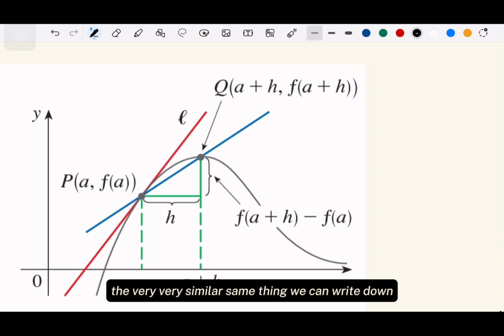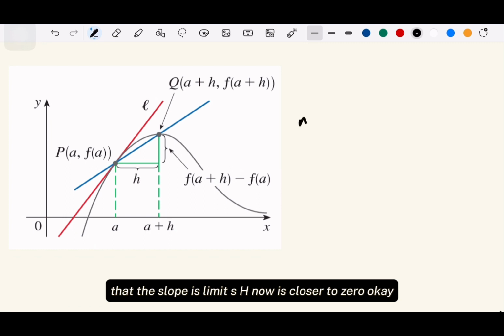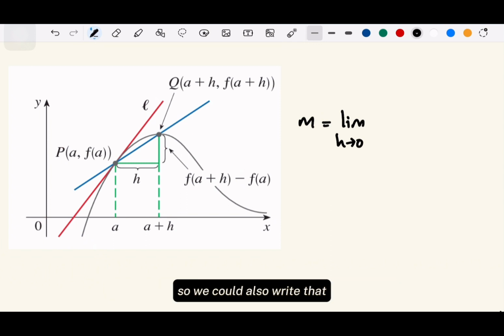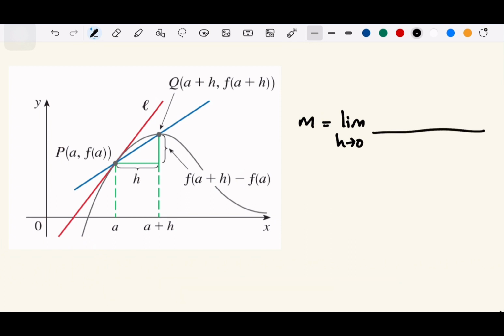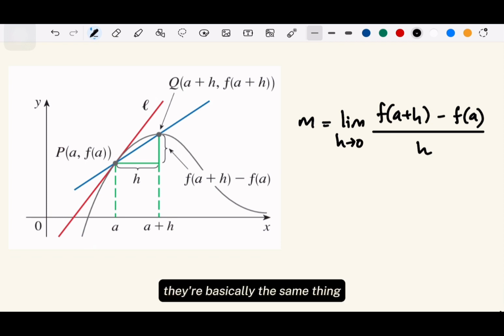We can write down that the slope is the limit as h now gets closer to 0. Okay, so we could also write that. So either way, use the first one or the second one. They are basically the same thing.